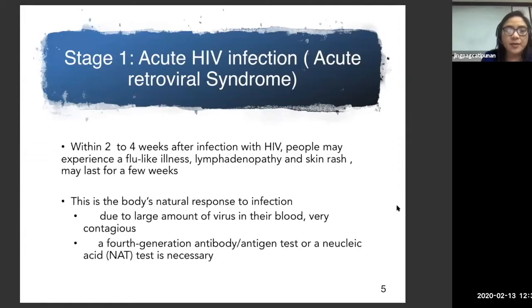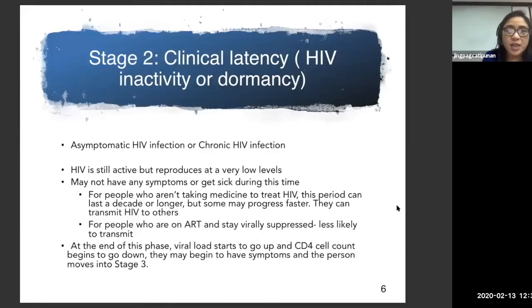And now, a fourth generation antibody antigen test or a nucleic acid test is necessary to identify patients at this stage. So stage 2 is the clinical latency, where you have HIV inactivity or dormancy.